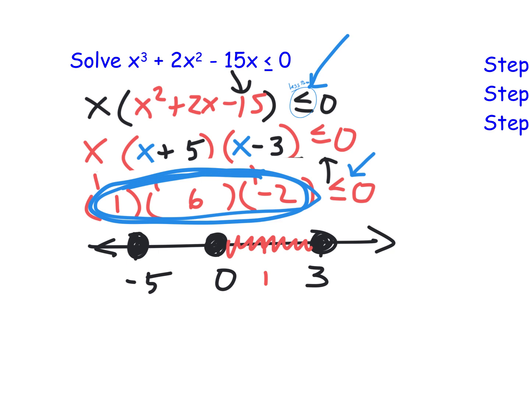Claire, can you test another interval for me, like something we haven't tested? -6. Okay, -6 is way out here, and I'm going to stick a -6 in here, here, and here. And what do we get for the first parenthesis? -1. Well, it would be -6.